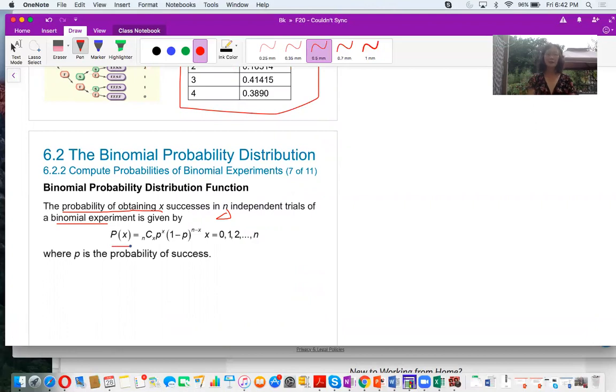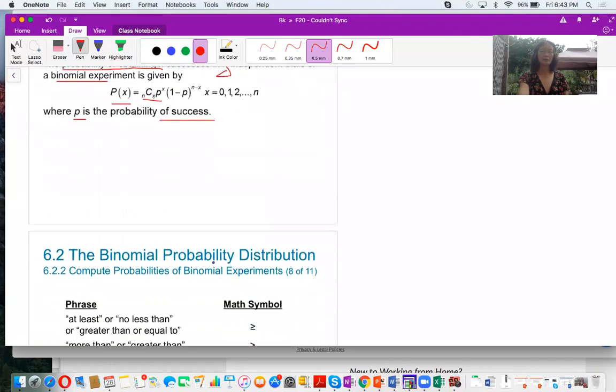The probability of X equals C(n, X), choosing X objects from the n, where C represents combination, times P, the probability of success, raised to the power X, times 1 minus P, the probability of failure, raised to the power n minus X. P is the probability of success. So this is the binomial formula.